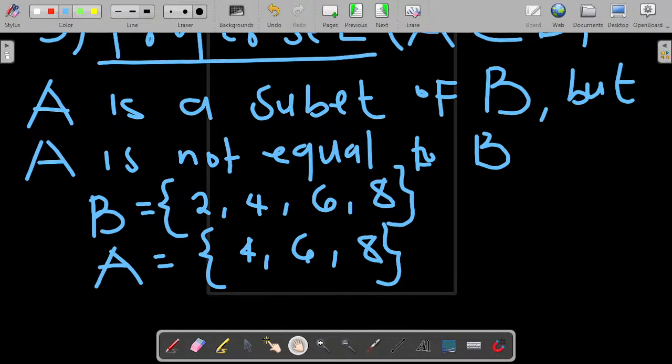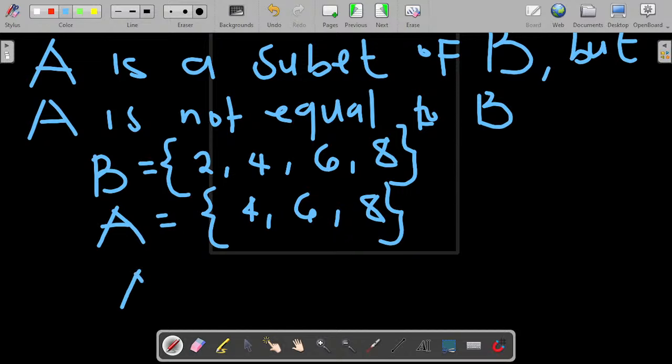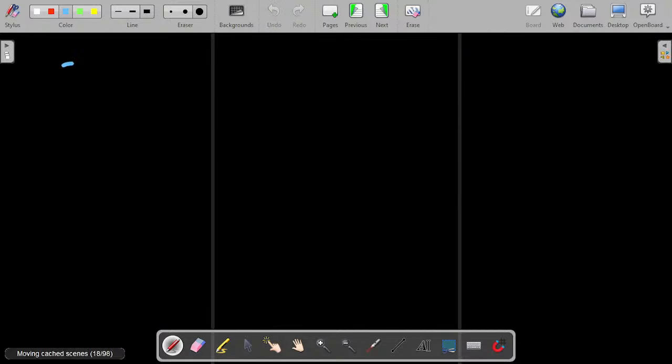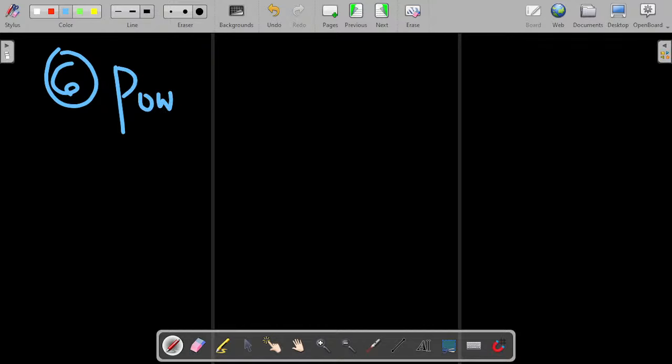Then the other type we have, number 6, is power sets.